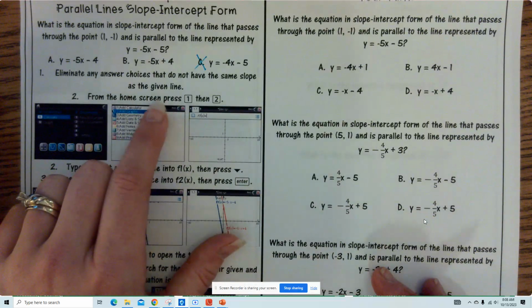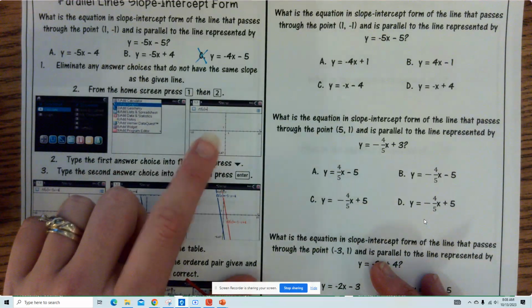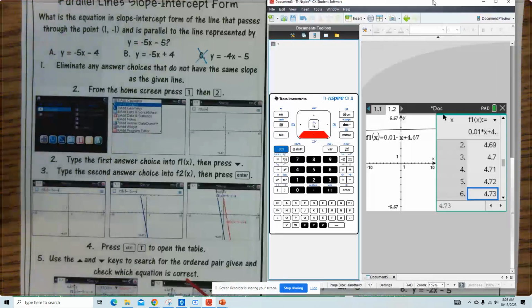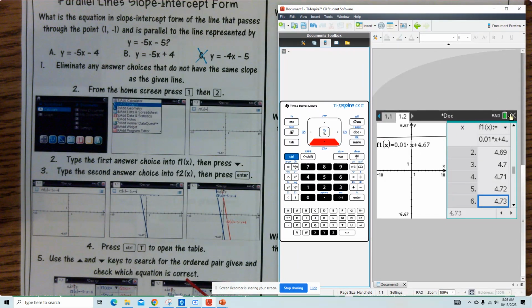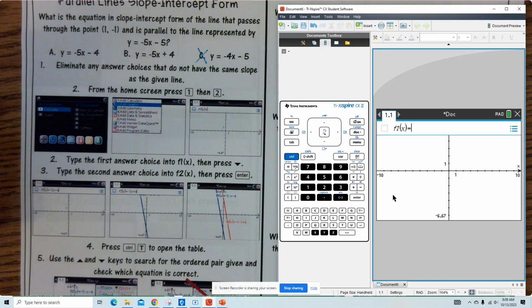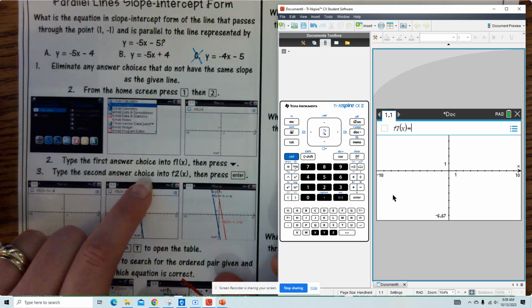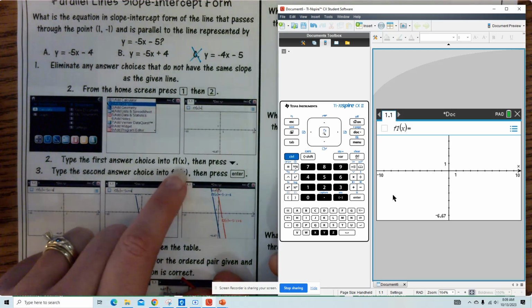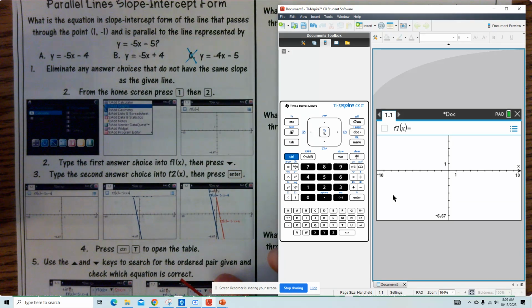All right, so now to check it in your calculator. So we're going to go to the graphs in your calculator. So always start fresh, X out. This one right here is the graph we're going to use. So we're going to type the first answer choice into F1, which is where it's blinking at right now.